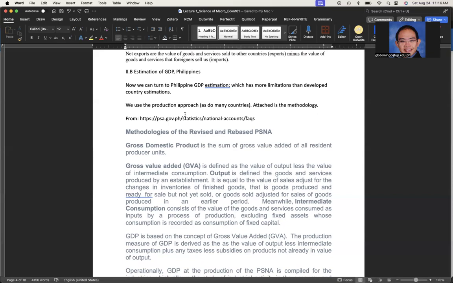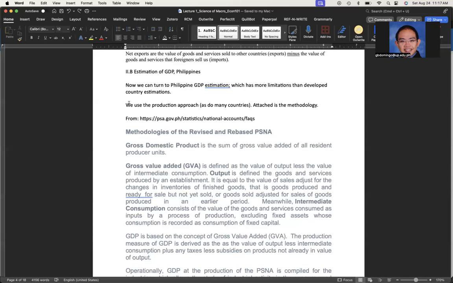I have shared with you a report by Bersales that talks about the size of the underground economy or the informal economy in the Philippines. I included some snippets in this document as well, but I also uploaded the original document. All right, so that's one of the main differences between our approach and the approach that Mankiw describes.